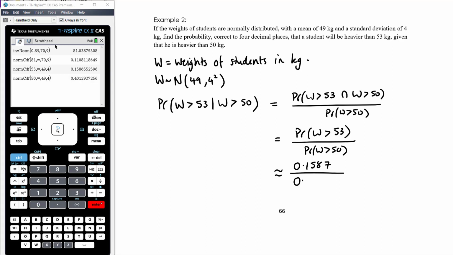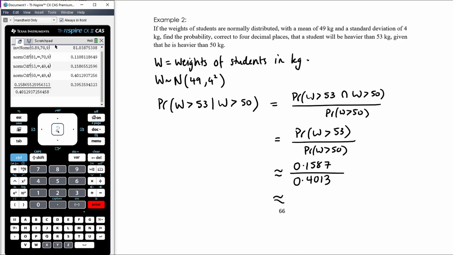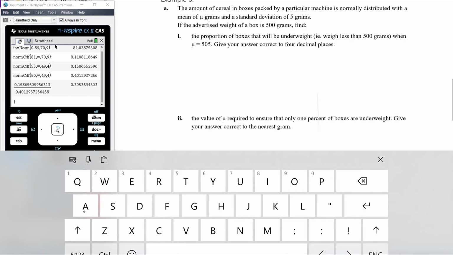It's a bit quicker than going through the menu, 0.4013. And so therefore dividing those two values nice and precisely with my CAS. Don't use rounded numbers to work out a new rounded number. So to 4 decimal places, we've got 0.3954 is the probability that a given student weighs more than 53 kilograms, given that we know he weighs more than 50 kilograms. Okay, example 3.